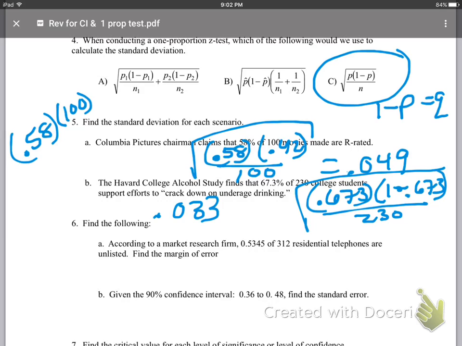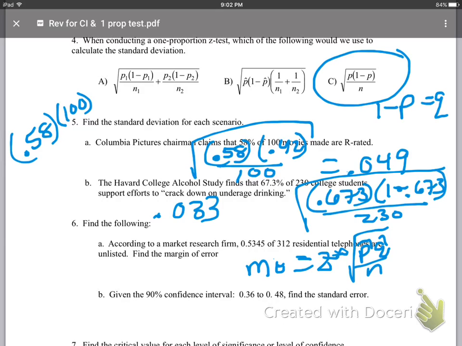The problem here is, the margin of error is equal to my critical value times the square root of p hat q hat divided by n. Okay, I can do all of that. I can't do my critical value because it doesn't say a 90% confidence or anything like that. So we can't do that.